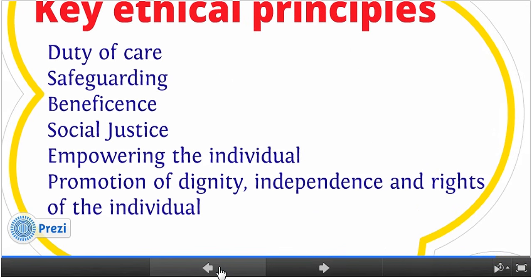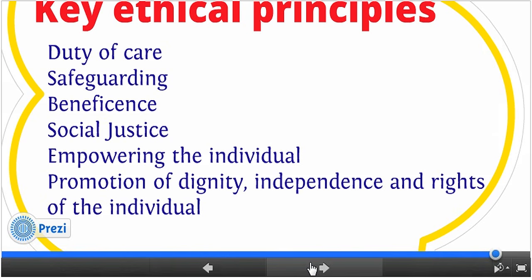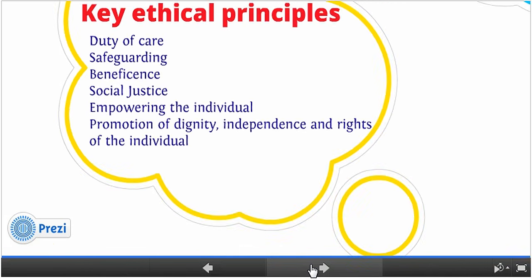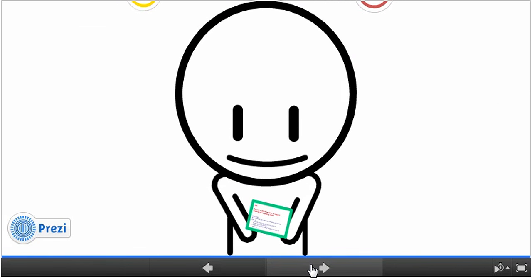So the final ethical principle we're going to discuss today is that of promoting dignity, independence and the rights of the individual, which is very important when working with vulnerable people, especially when undertaking personal care activities. So an example of this would be a health or social care worker supporting an older woman to bathe or dress.